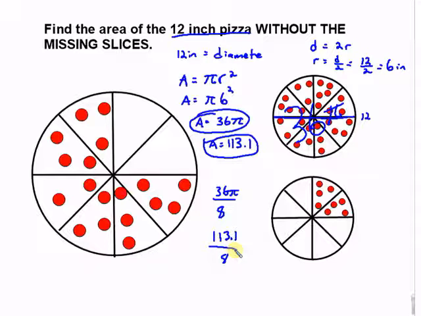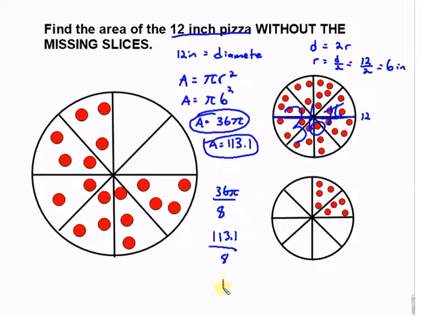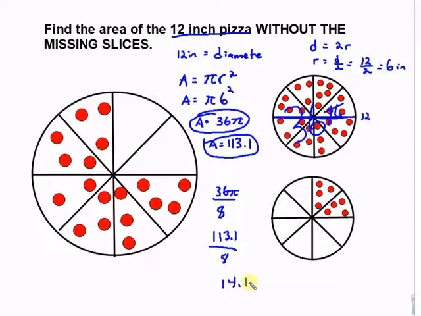Let's pull up our calculator. 113.1 divided by 8, and that gives us about 14.14. We'll round up to 14.14.